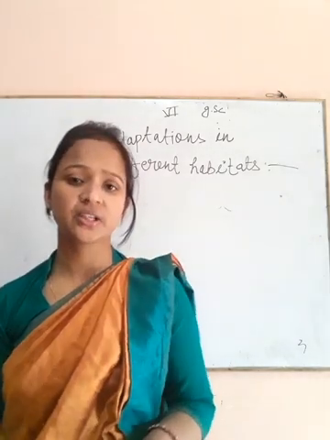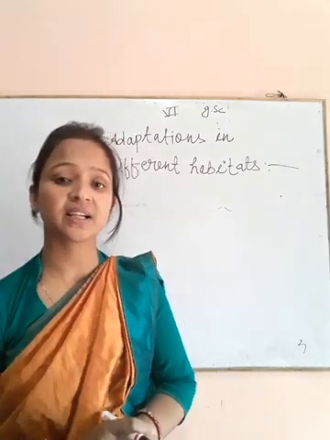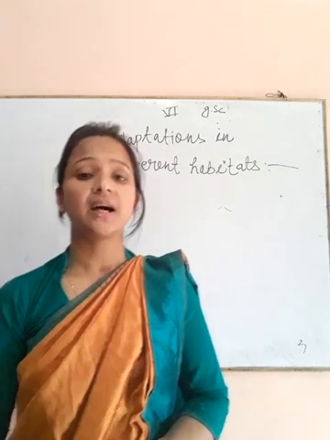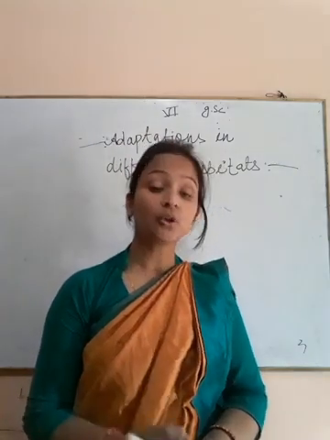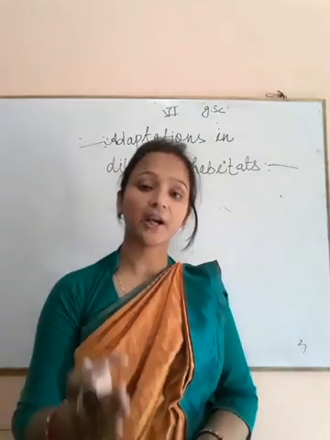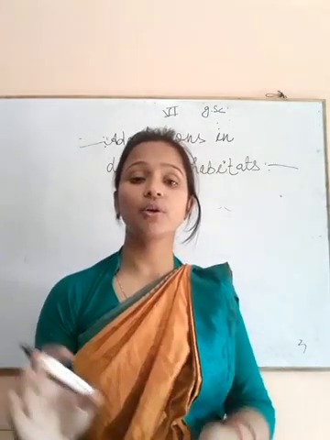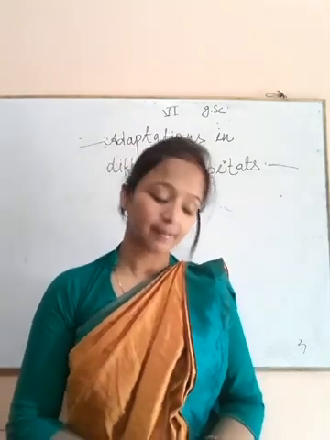You know that terrestrial habitats are there, aquatic habitats, arboreal habitats, different types of habitats. And now you will learn about the modifications or adaptations, how they adapt according to their habitat.